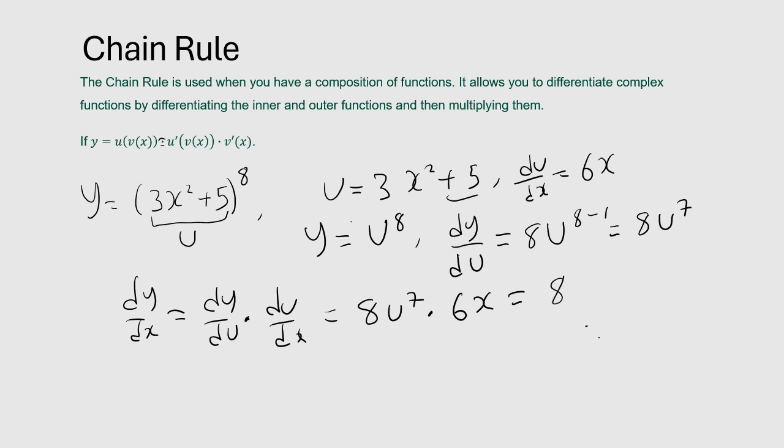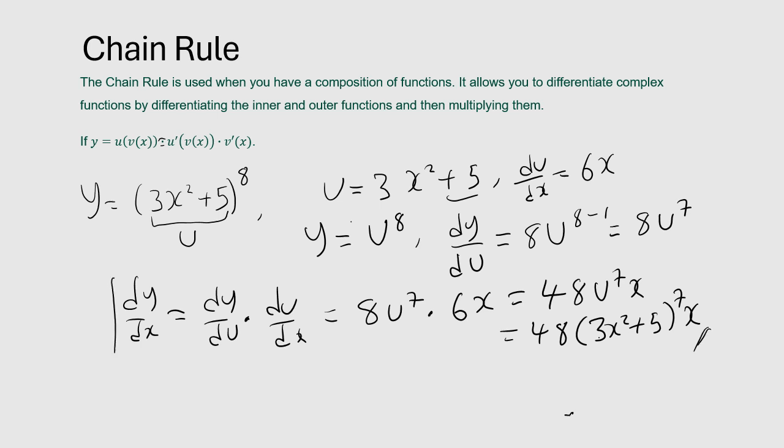We can multiply 8 and 6, which is 48. So this is 48u power 7 x. Remember our u is 3x squared plus 5, so it's 48x times (3x squared plus 5) power 7. Then that's all.